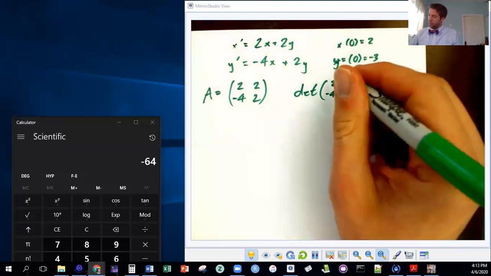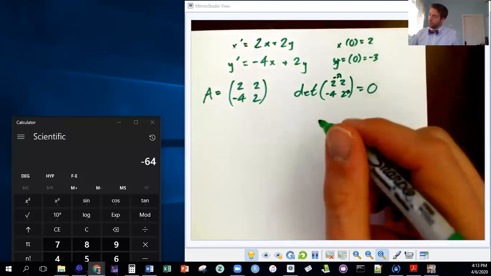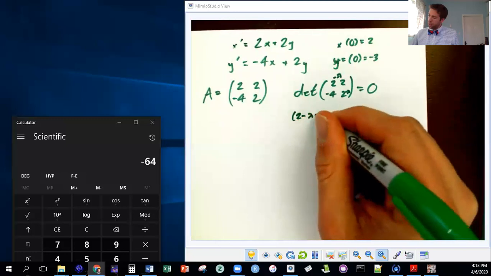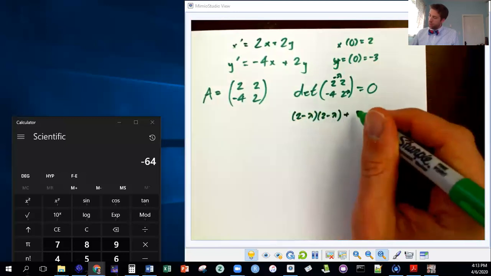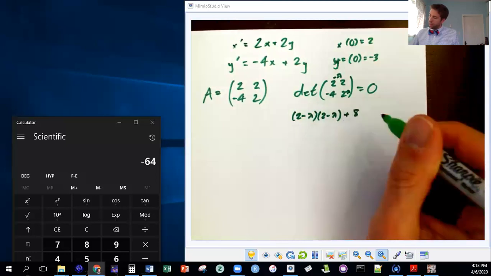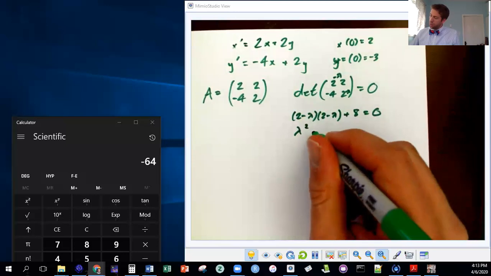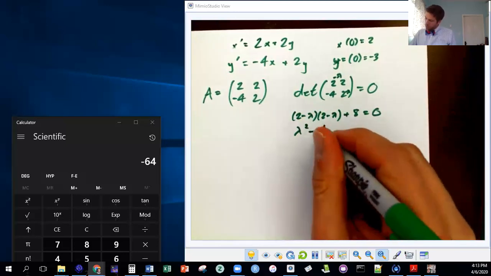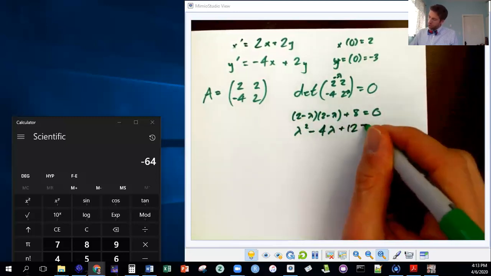Oh, I need minus lambdas, sorry, I just forgot those. So then I've got (2 minus lambda) times (2 minus lambda) minus a negative, plus 8 equals 0. So I have lambda squared minus 4 lambda plus 4 plus 8, so plus 12, equals 0.